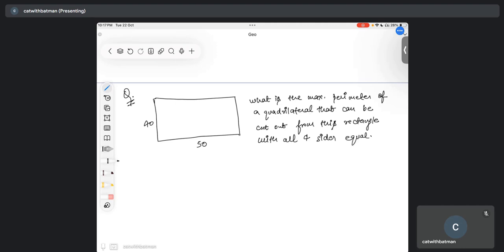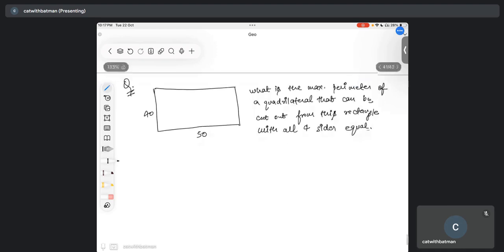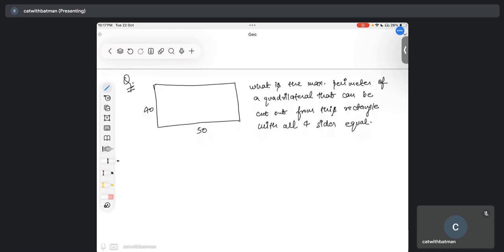This is the question. Try to solve this. See if you can get it.